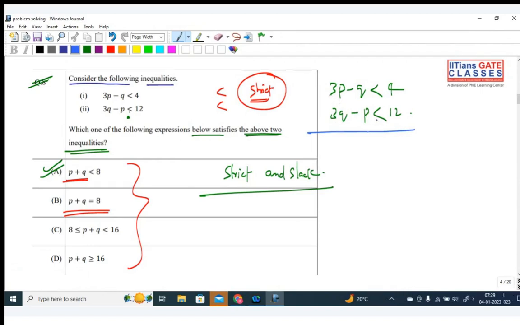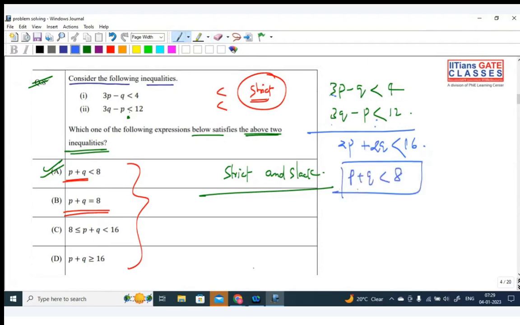Okay. You can just add these two. So it is 2p and this is going to be plus 2q, so this is p plus q, which is less than 8.